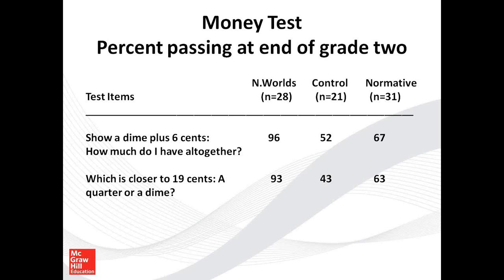So my conclusion from this set of findings was that Number Worlds does a pretty decent job of teaching number sense, giving students knowledge that they can transfer and apply in a wide range of contexts.